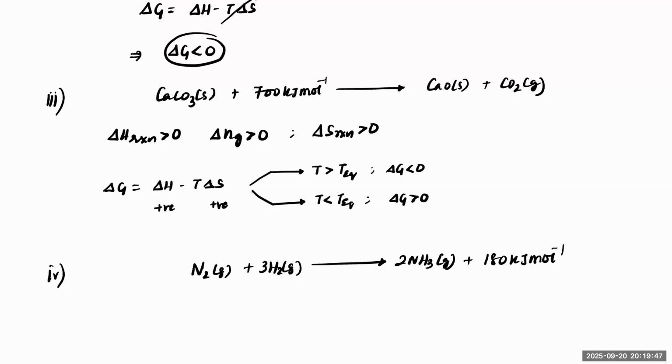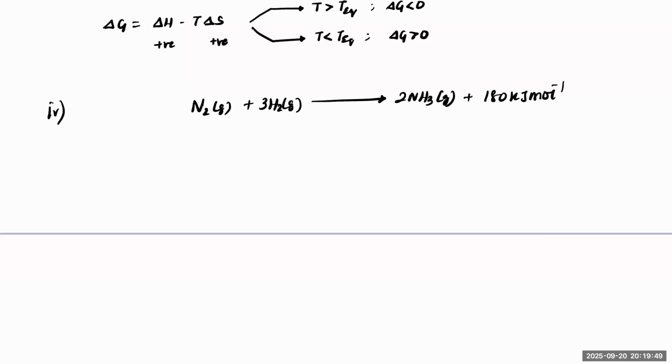And what is the fourth case? Here energy is shown on the products side, which means delta H is negative. It is an exothermic reaction. And what about delta Ng? Delta Ng is less than 0 because products are only 2 moles and reactants are 4. So delta S of the reaction in this case will be less than 0.